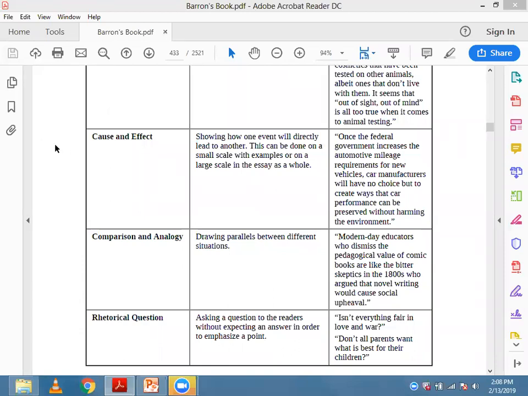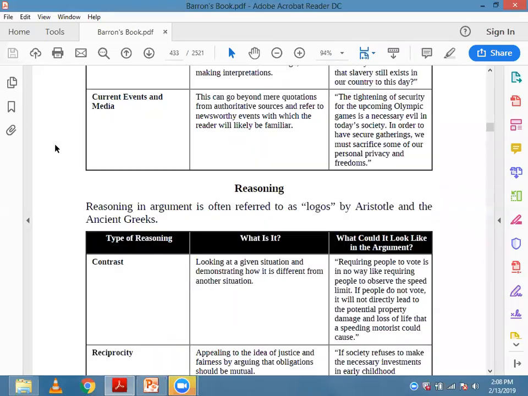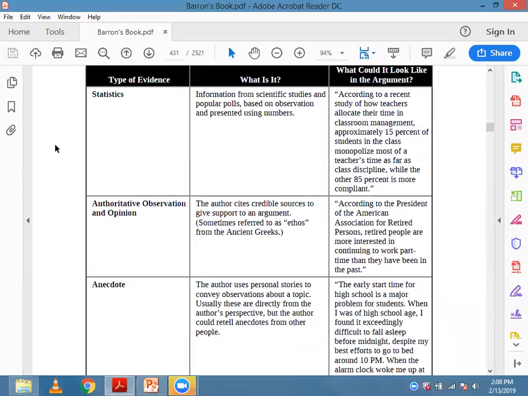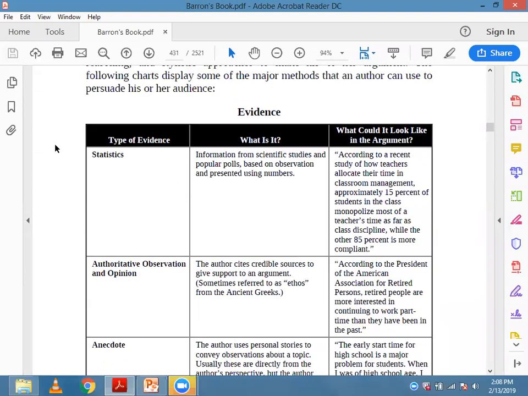All right, after we have discussed reasoning, I would like to go to the next category, which is evidence. You have to understand that evidence always works with reasoning. First the author provides you with reasoning of the argument, and then to support the argument there is evidence. The first type of evidence would be statistics. This is very easy. Statistics is about polls, numbers, percentages, just to prove the argument.